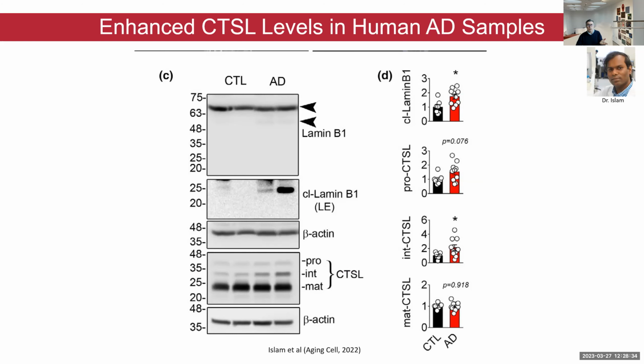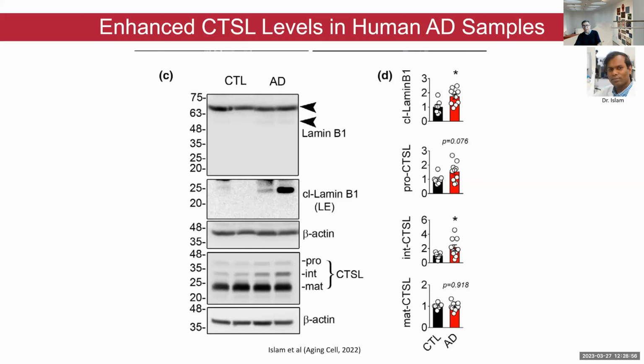This is human tissue. Looking at all of these, we can identify the 21 kilodalton band that we see, but we could not find caspase-6 activation. We could see caspase-6 activity and lamin B damage in mouse, but not in human postmortem tissue.